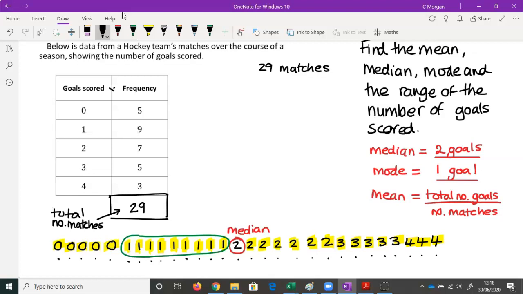I'm going to call the goals scored X and the frequencies F. And what I'm going to do is multiply those numbers together, because 5 lots of 0 goals is 0, 9 lots of 1s is 9, 7 lots of 2s are 14, 5 lots of 3s are 15, and 3 lots of 4 is 12. If I add up all of those values, I think that's going to give me the total number of goals scored.